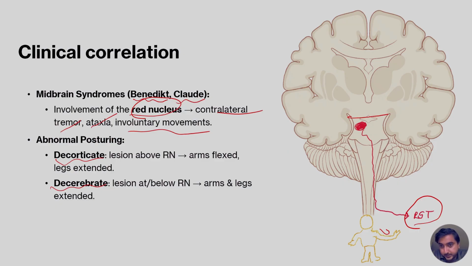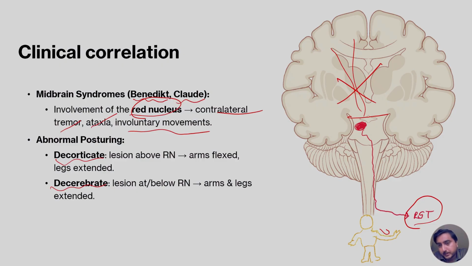Although the corticospinal tracts are damaged, the output from the red nucleus is intact. So if this output is intact, then even though our bodies have the natural tendency to extend, the extension does not happen in the upper extremities because the red nucleus via the rubrospinal tract flexes the upper extremities, whereas the lower extremities are extended.